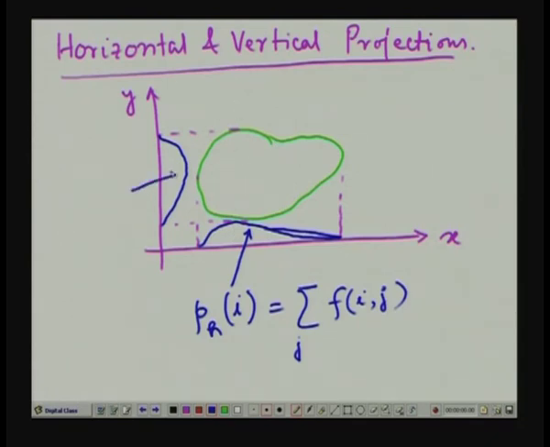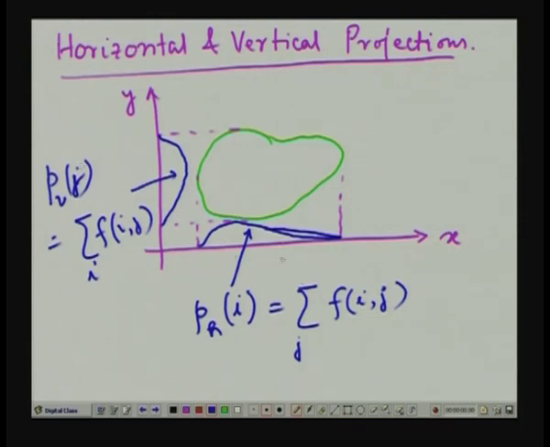Similarly, this projection I call the vertical projection, say PVJ, which can be computed in a similar manner. It will be the summation of Fij, where now this summation has to be taken over I.